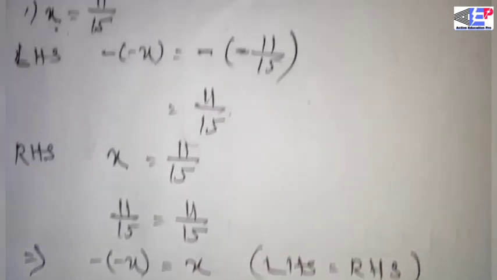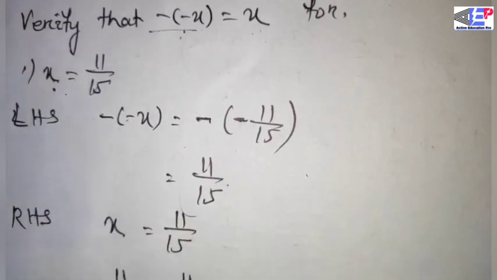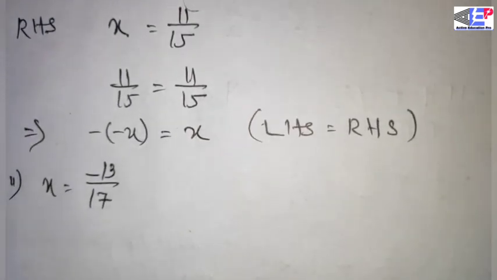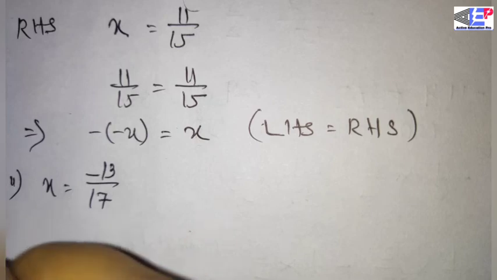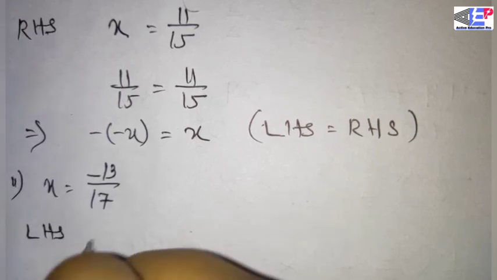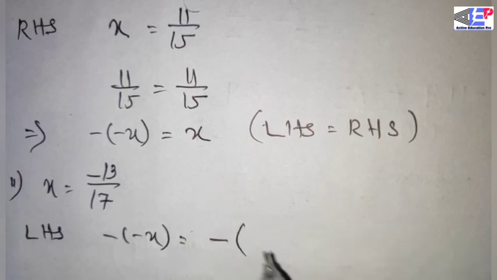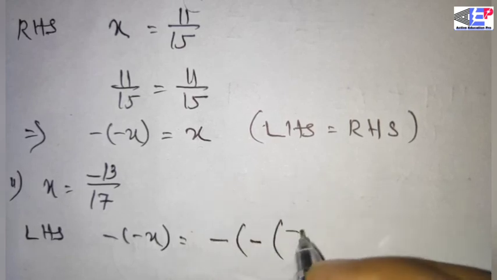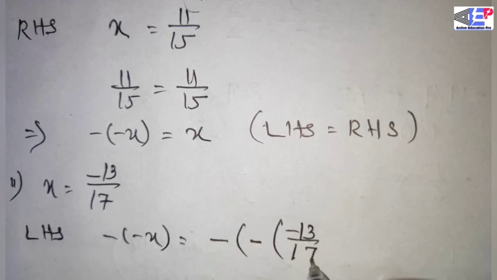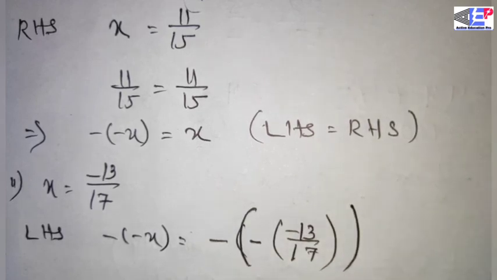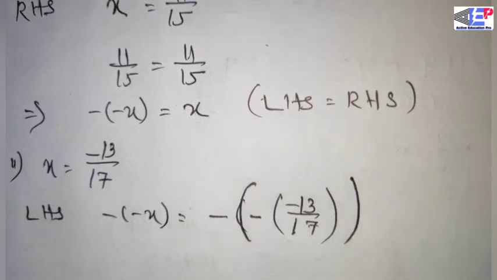In the first bit, x is a positive rational number. In the second bit, x is a negative rational number. No problem. First the LHS, minus of minus x. Here x is minus 13 by 17. Look here, be careful in this case because you may get confused regarding the negative signs.